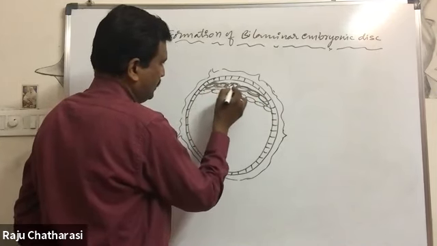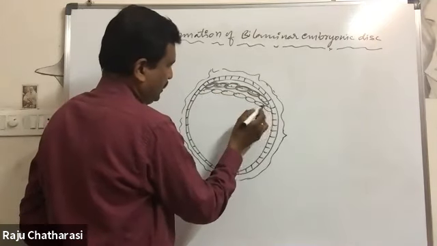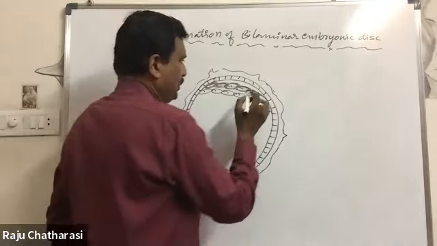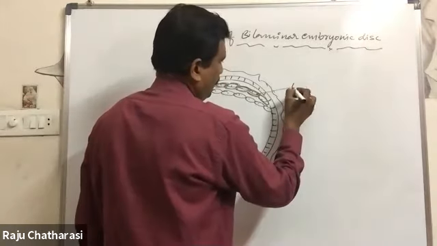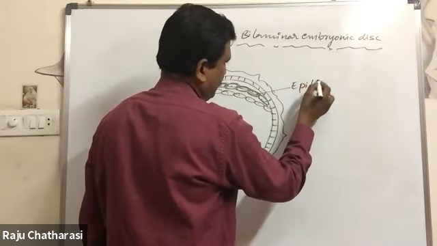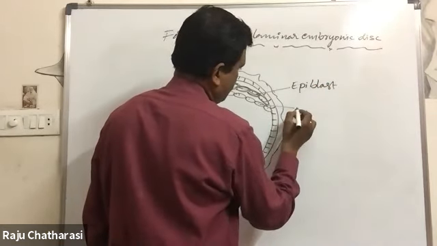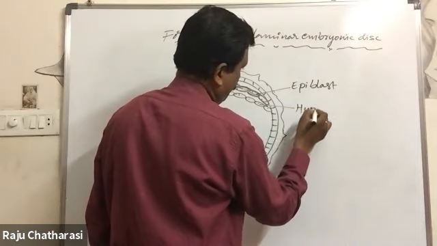This outer layer is called epiblast, and the lower layer is called hypoblast.